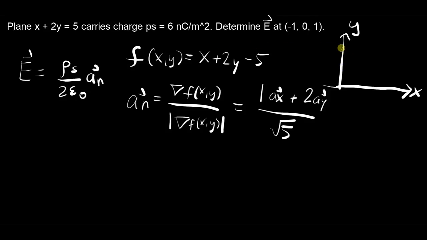You'd find that your line would look something like this. It would intersect at y equals 5 over 2 and x equals 5 here.